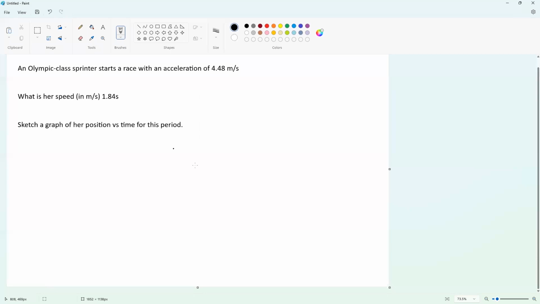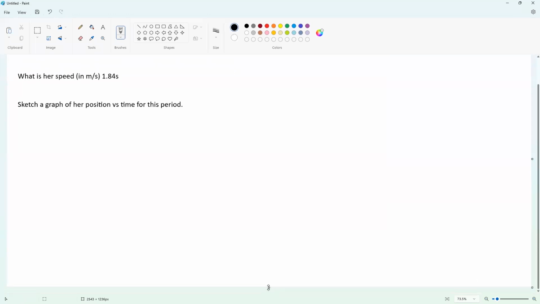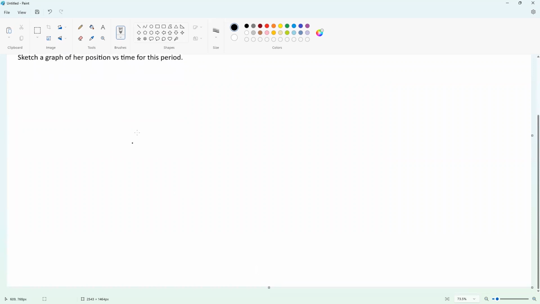Okay, so displacement is, I guess you can see it as a distance relative to a point. So if you started, for example, in the middle here, and you walk this way 4 meters, your displacement at this point is 4 meters from the center.